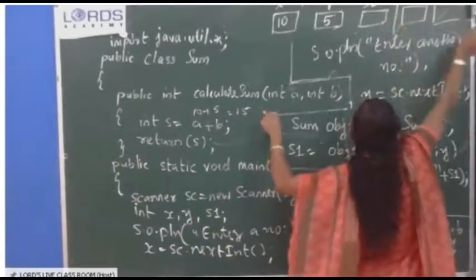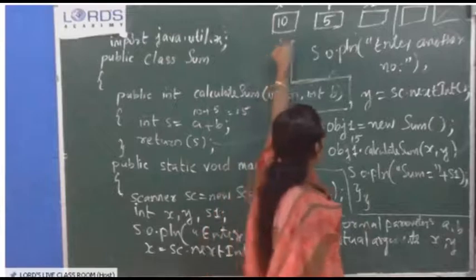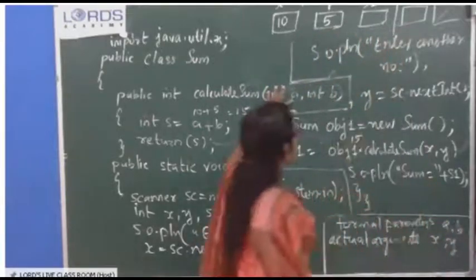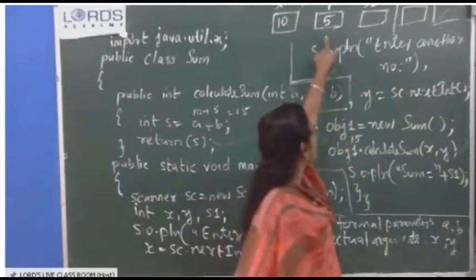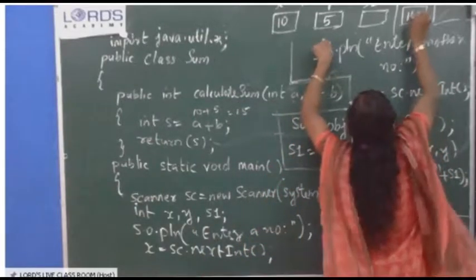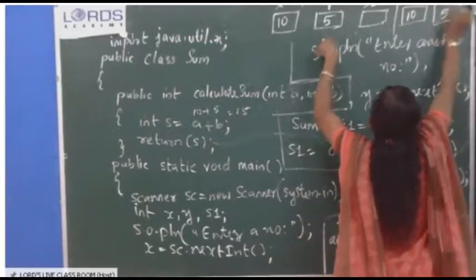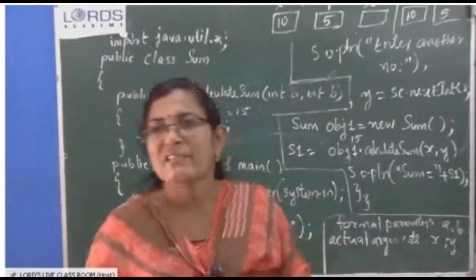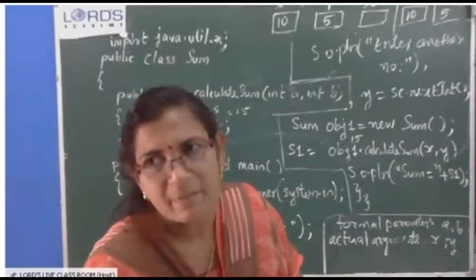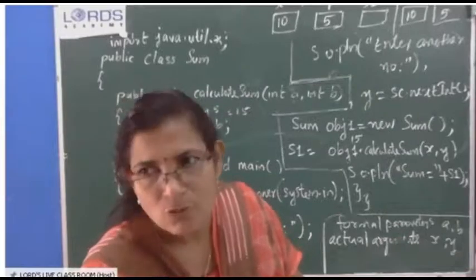These are function variables, function arguments. The value of x will be copied to a, the first variable, and the value of y will be copied to b, the second variable. So a gets the value of x and b gets the value of y. Understood? A duplicate copy of values takes place in the memory. In two places now we have 10 and 5 stored.